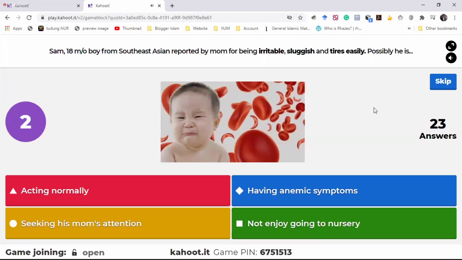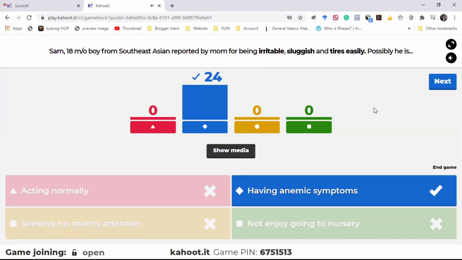Okay, time's almost up. Easy, right? Okay, so congratulations, all of you got the answer. So basically, it is a representation of anemic symptoms, which in children mostly appear as irritable, sluggish, and tired easily.